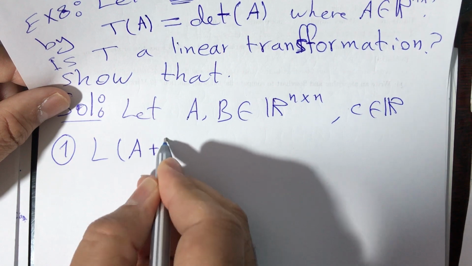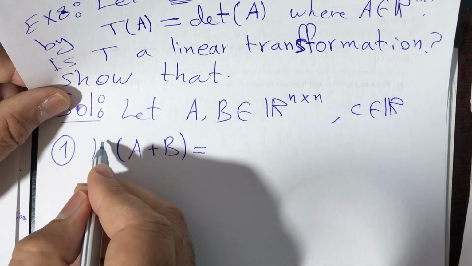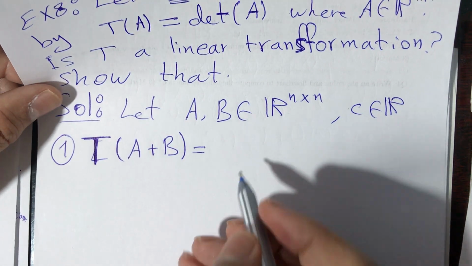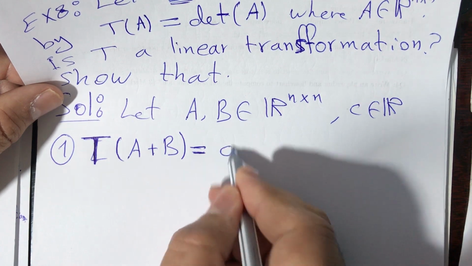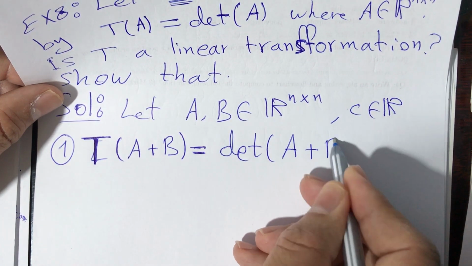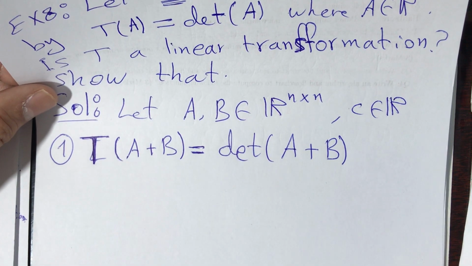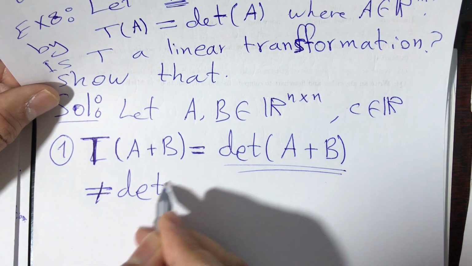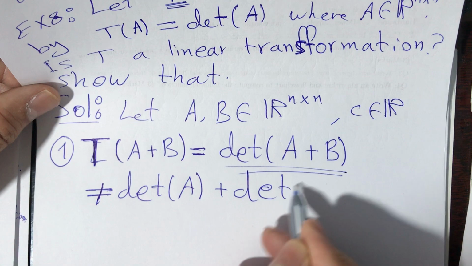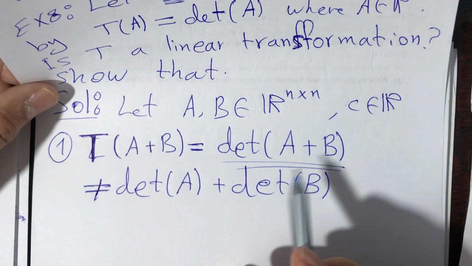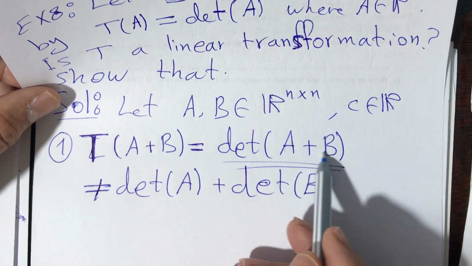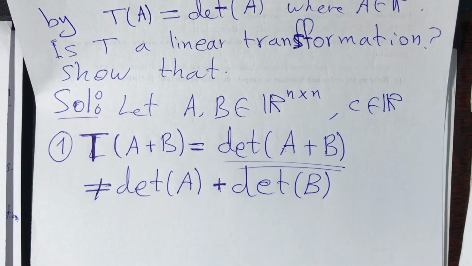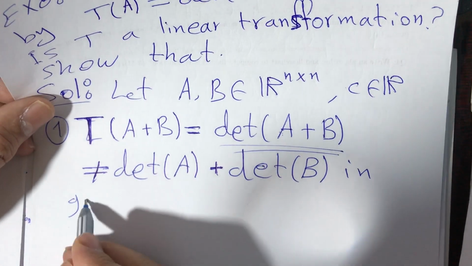T of A plus B is equal to the determinant of A plus B. And we know from the first semester this is not always equal to the determinant of A plus the determinant of B. The determinant of a sum of two matrices is not equal to the sum of the determinants, in general.